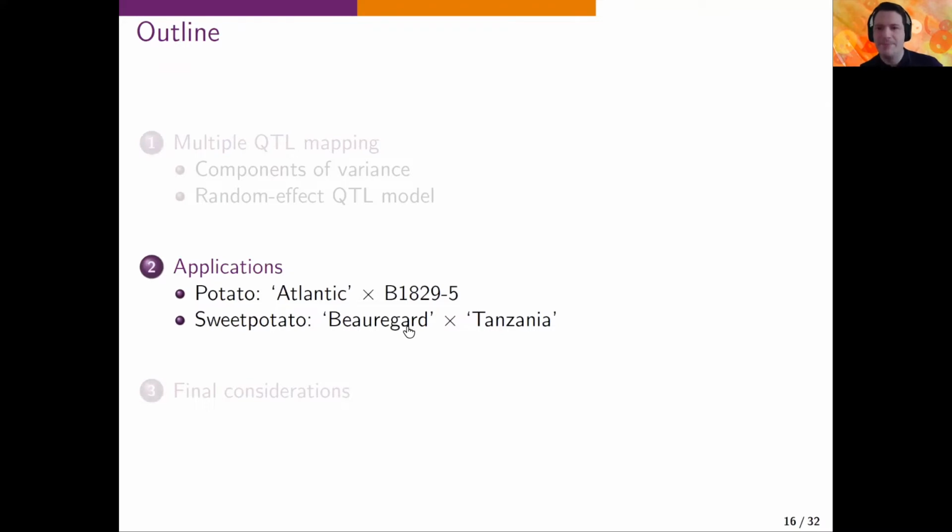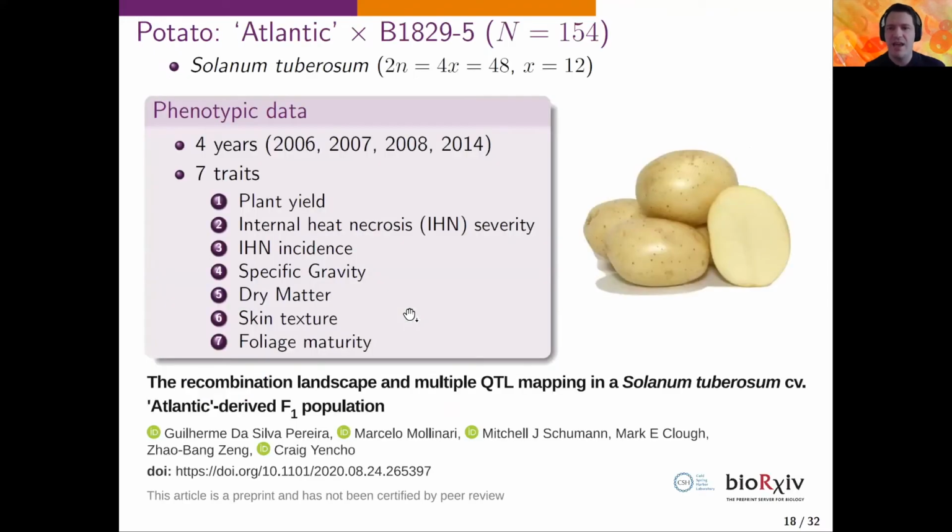Okay, so now let's see some applications, starting with a tetraploid potato population obtained from a cross between Atlantic and B1829-5. The full seed population has 156 individuals, and that was something that Marcelo showed yesterday.